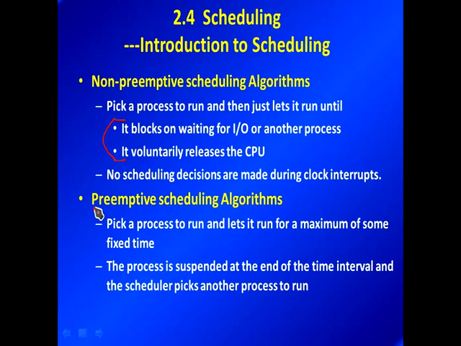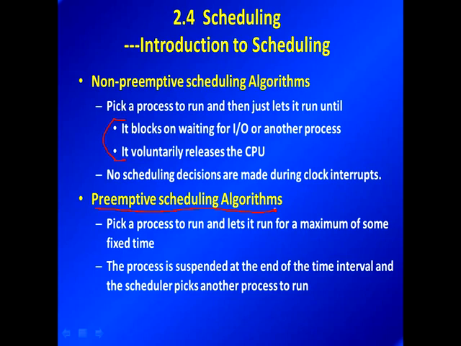But for preemptive scheduling algorithms, no matter whether the current process in the CPU wants to leave or not, the scheduler will decide that the current process in the CPU has to get out of the CPU and let another process run next.